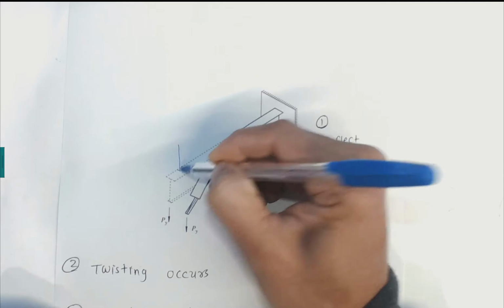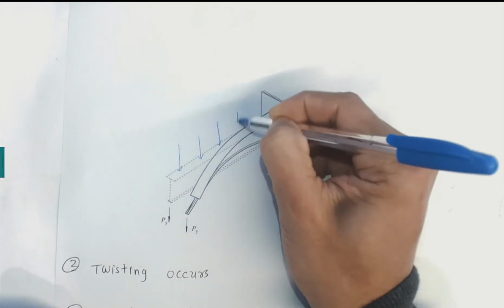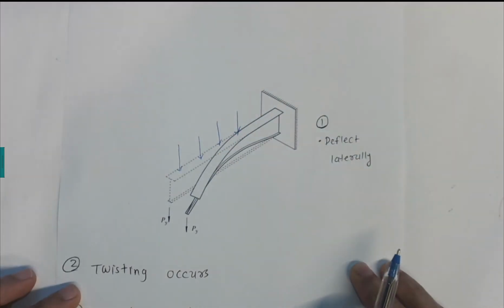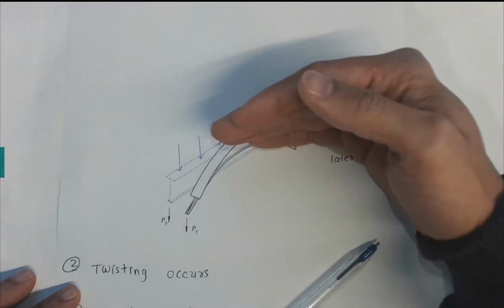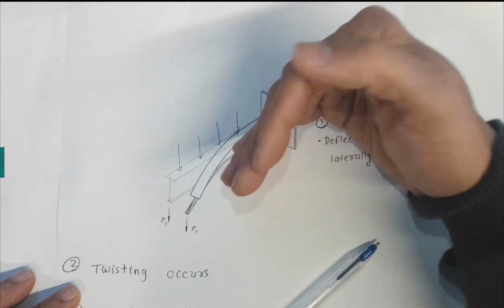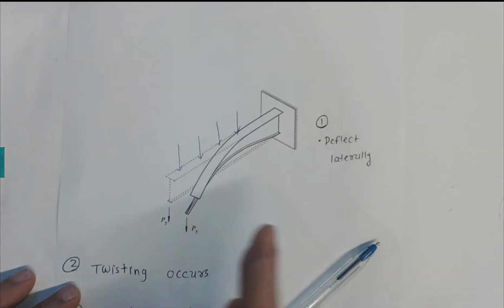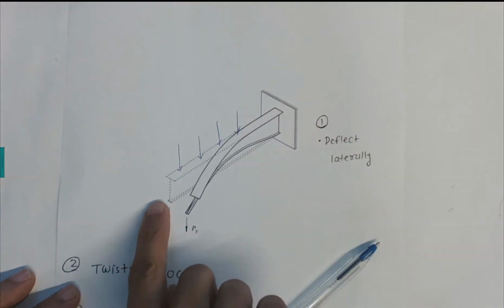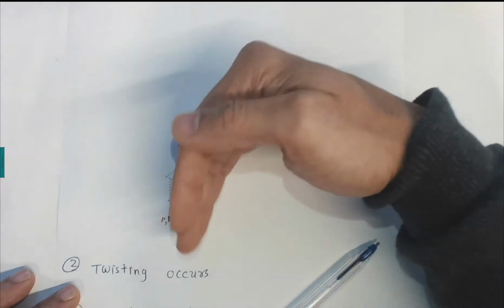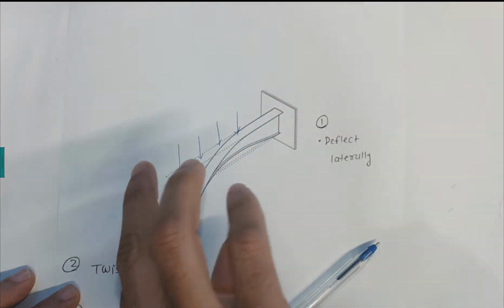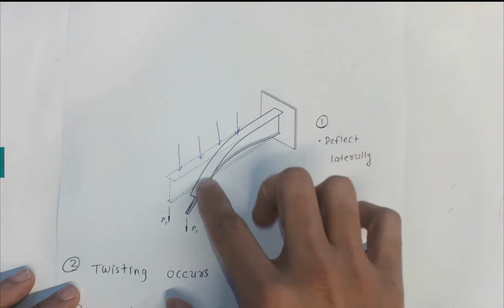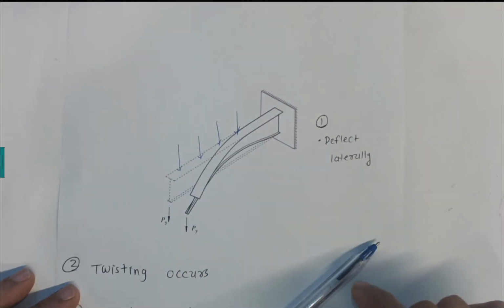Let's say we have a loading coming onto this beam in these directions, and what happens in that condition is it tries to twist. You can see that it tries to twist because we are trying to bend about the x-axis, but it tries to buckle about the y-axis. So it's along the entire length and it tries to twist. This kind of behavior we call flexure torsional buckling.